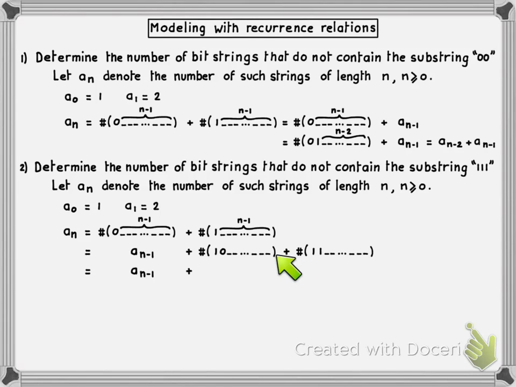Now, how many strings of this kind are there? Well, we have n minus 2 bits left, and since this 0 cannot participate in the 111 pattern, this number is nothing but a sub n minus 2.